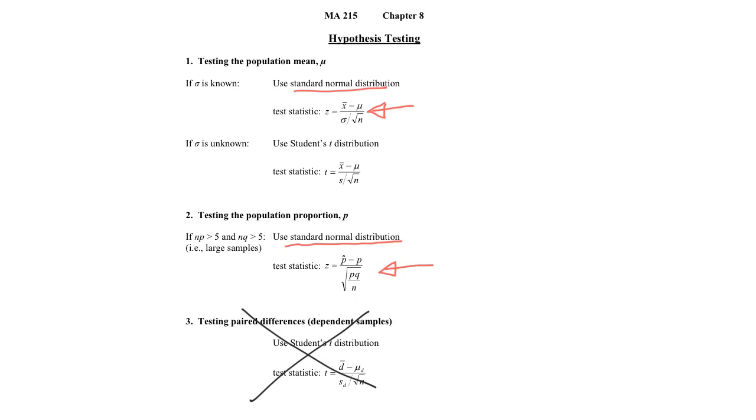But if sigma is unknown, like we first saw in section 8.2, then we use student's t-distribution and a t-score. So we use z here and we use z here, and the only time we ever use a t-score is when we are testing the mean, and we don't know sigma.